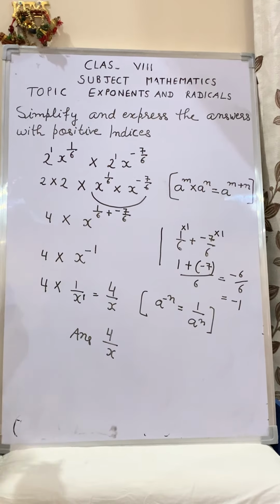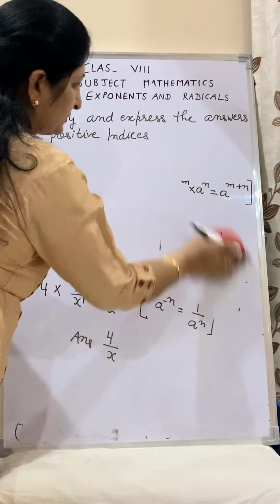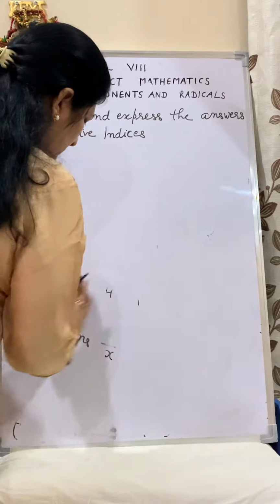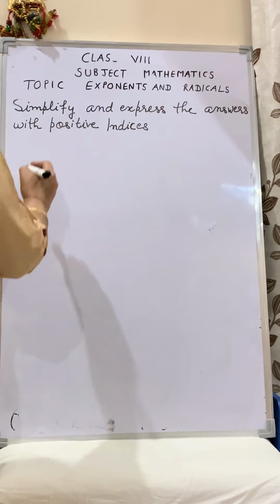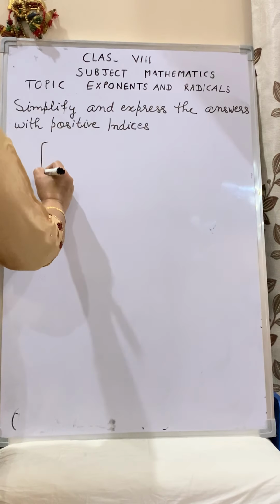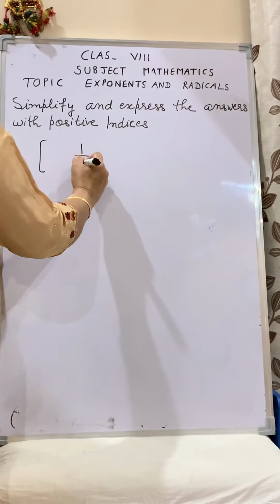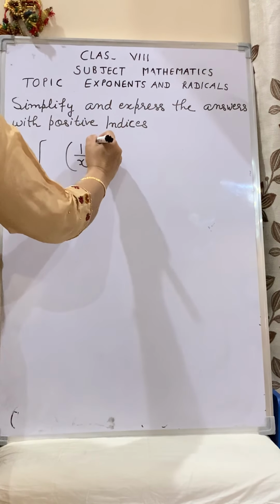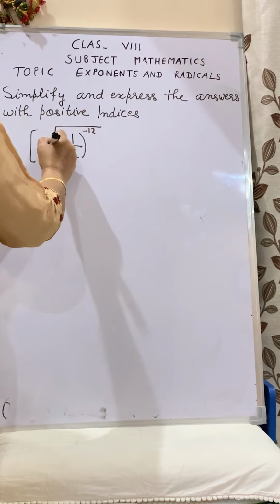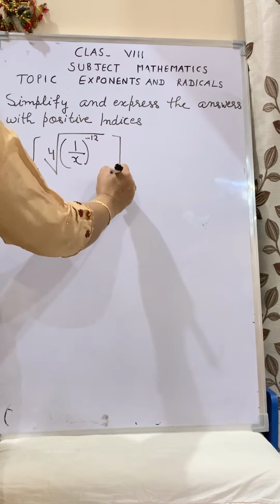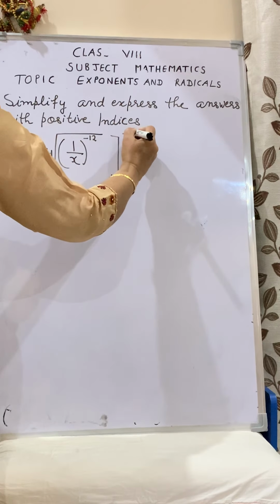Now the next example is the radical 1 by x raised to power minus 12, the index is here 4, bracket close, and the whole power is minus 2 by 3.